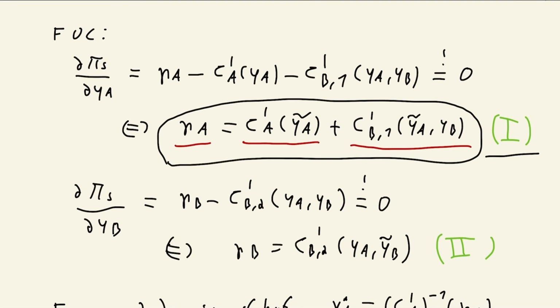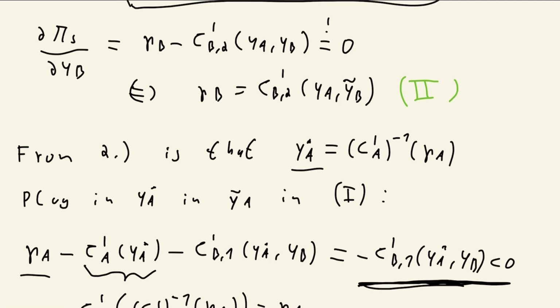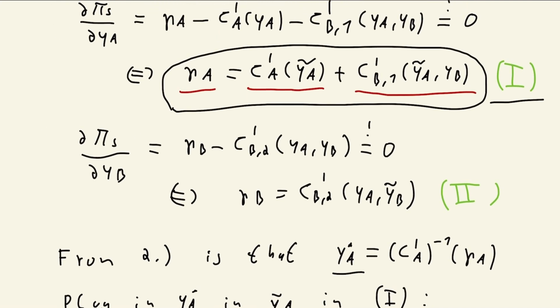And this will basically lead us to the socially efficient amount of steel which is produced, where we care about the negative externality imposed on the fishery.